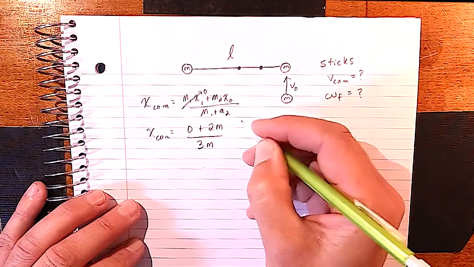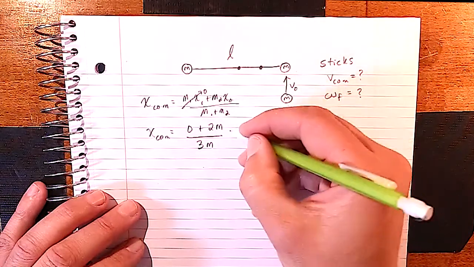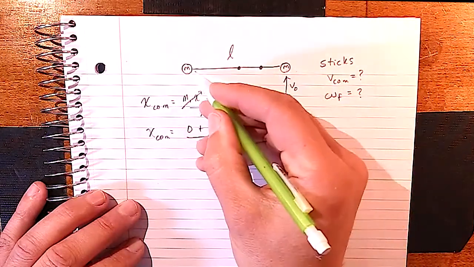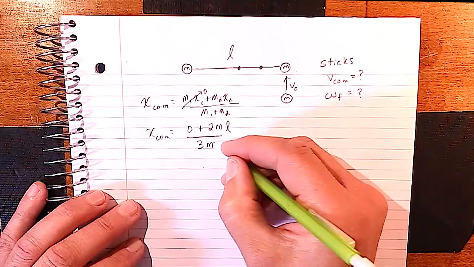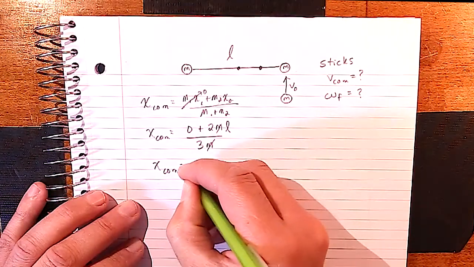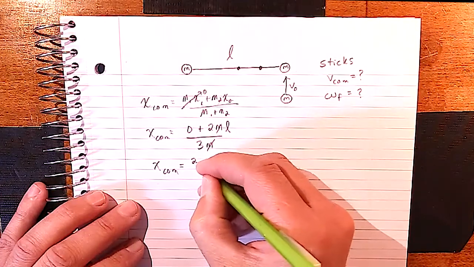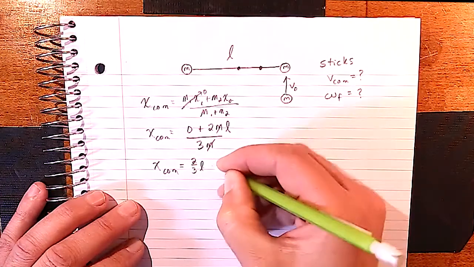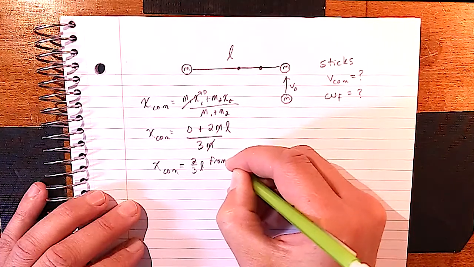Whoops, I made a mistake. x2 times L because this is L away. So the m's will cancel, and we're left with an xcom is equal to 2/3 L from the left end.